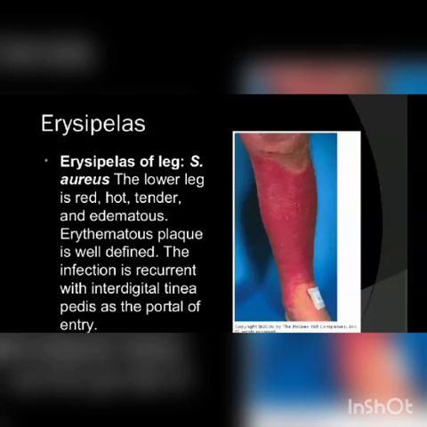So when the patient has a tinea pedis infection, at that time our skin will be injured. Through this skin, streptococcus or staphylococcus organisms will enter the body and lead to erysipelas. Okay.